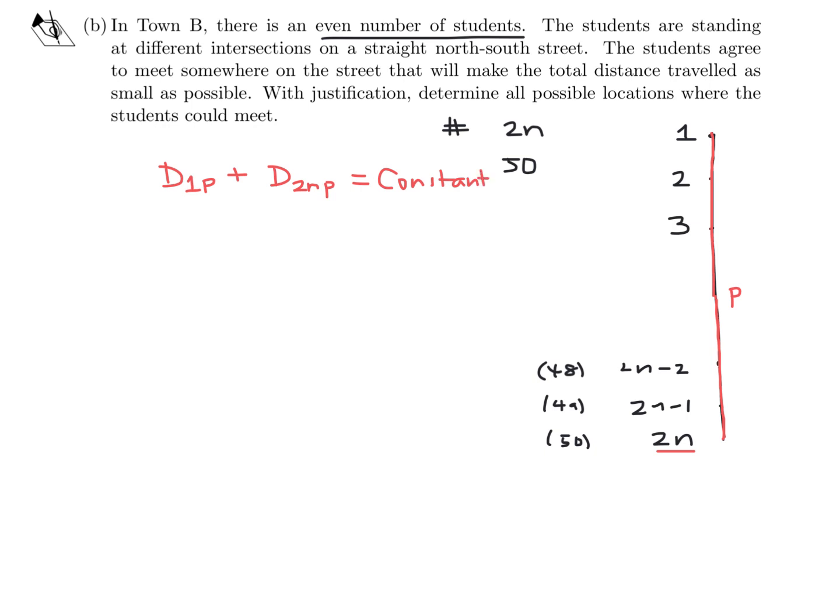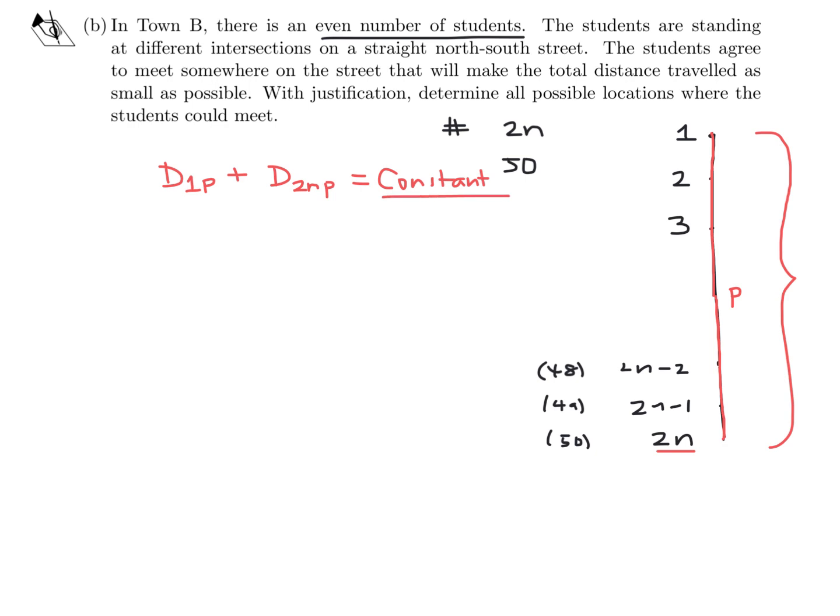I hope that makes sense. So no matter where I put P, if I add the distance from 1 to P and from 2n to P, it will always be a constant, and it actually equals the total distance, regardless of where P is. So I just put constant.